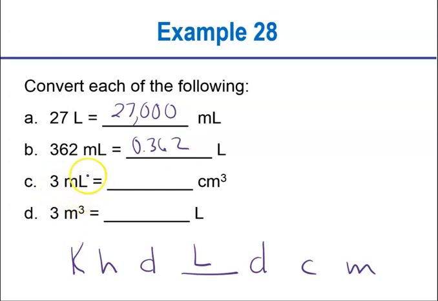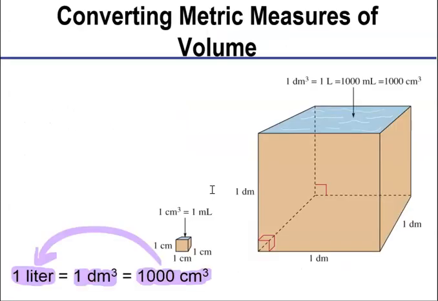Okay, this one's starting with milliliters again, but I'm going to centimeters cubed. Now that's a little bit different, right? So we need to go back and look closely at when we talked about the conversions from volume to our new liters. Notice we have 1,000 centimeters cubed is equal to 1 liter.